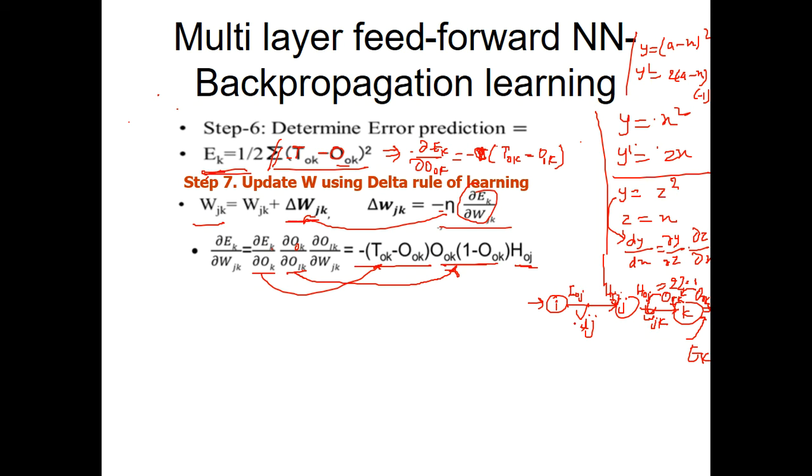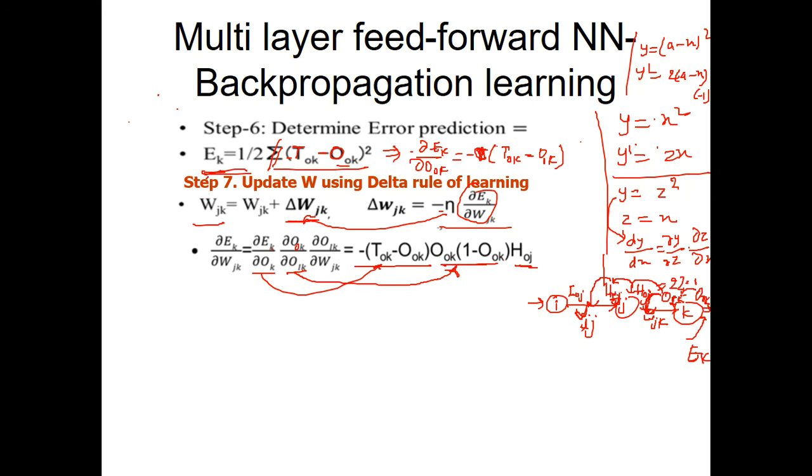In order to update Vij, you have to differentiate EK, the error term, with respect to OOK, OOK with respect to OIK, OIK with respect to, not WJK, HOJ, HOJ with respect to HIJ, and HIJ with respect to Vij.